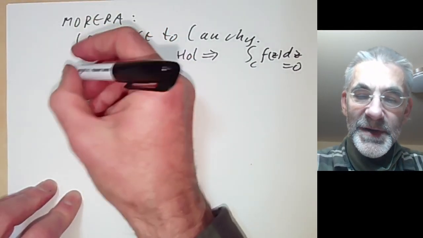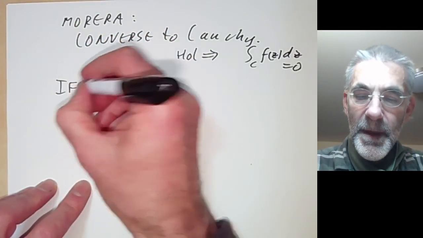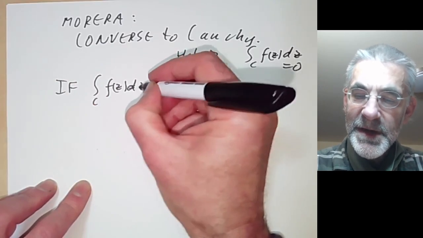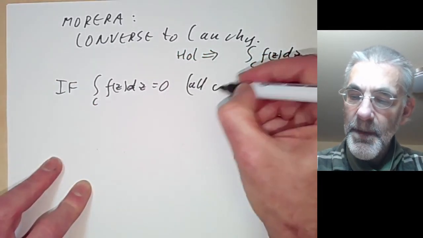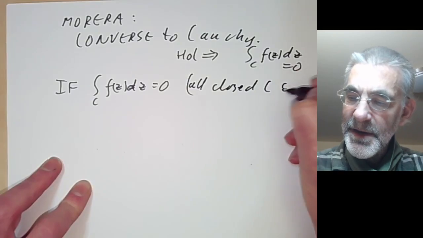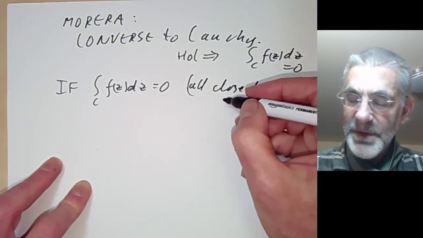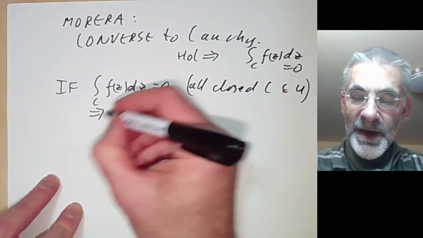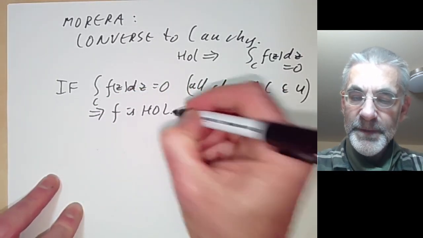So Morera's theorem says that if the integral over c of f of z dz equals 0 for all closed curves c contained in U, where U should be simply connected, I guess, this implies f is holomorphic.